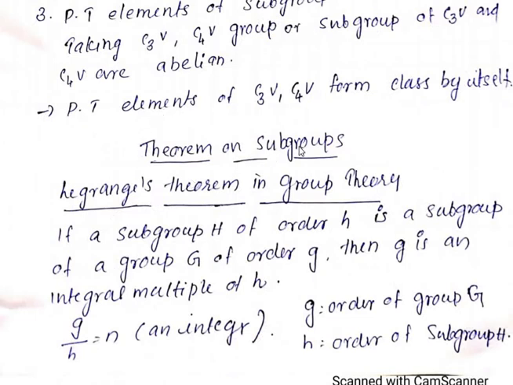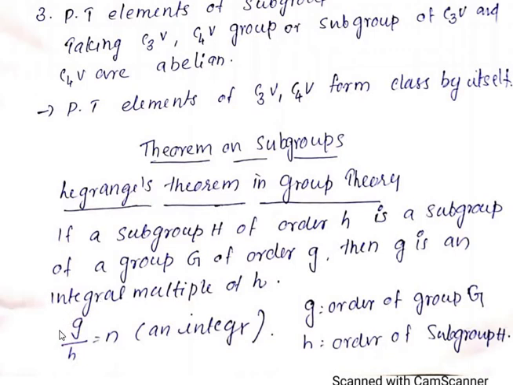Then there is a famous theorem on subgroups, and this theorem is known as Lagrange's theorem in group theory. This is an easy theorem. Lagrange's theorem says, suppose we have a group G of order g and its subgroup H of order h.